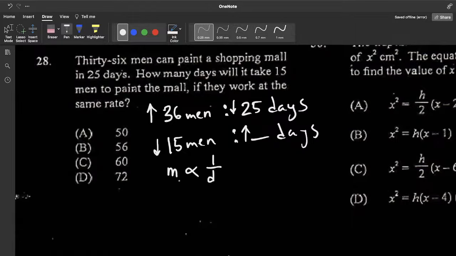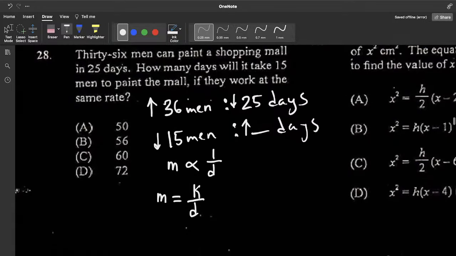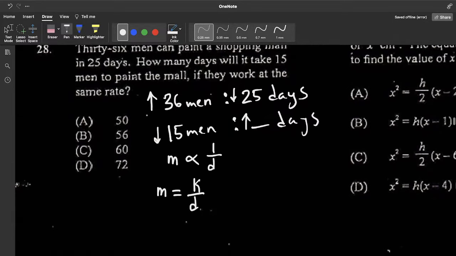So in order to work this out, we will say M, our men, would be equal to K over the number of days. Now, based on the first option that we had, we have to figure out what K is. K is just a constant.